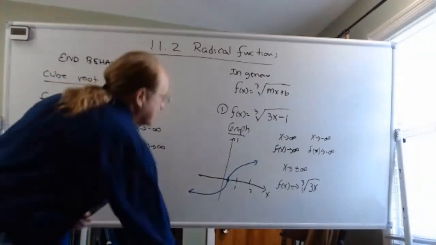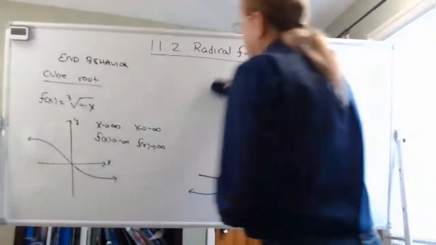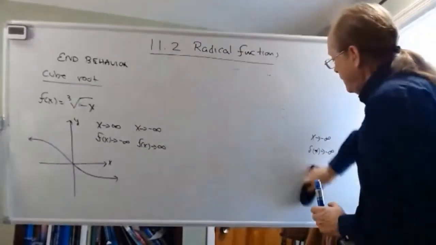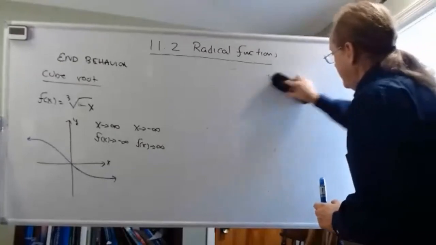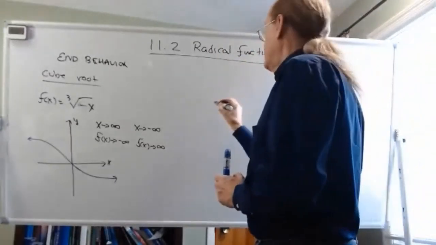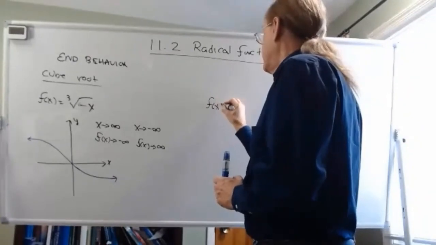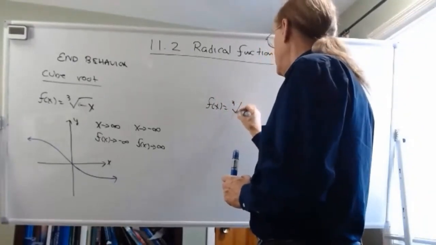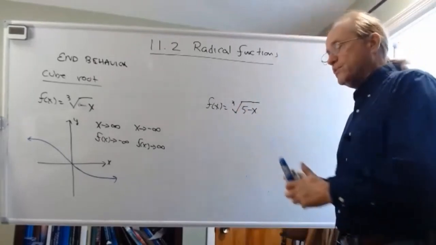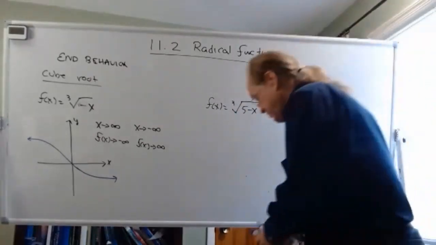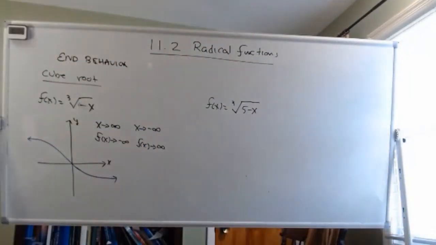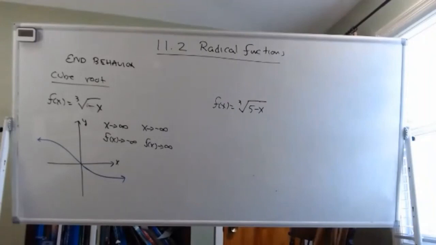And let's say I took a look at another example of that. Say I took f of x equal to the cube root of 5 minus x. Let's plug both of those into Desmos and indeed see this behavior that I've indicated there.